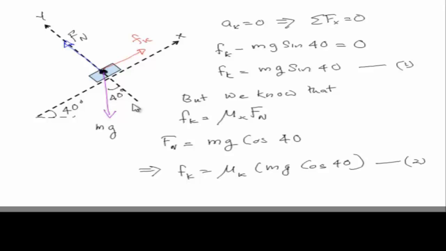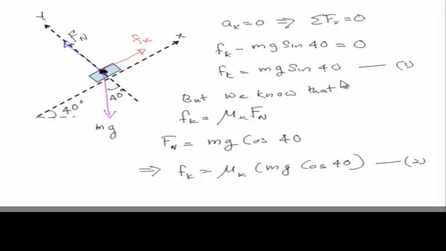Fn is mg cosine 40 because in the y direction again there is no acceleration, so this Fn is equal to the component of mg in the negative y direction, so Fn equals mg cosine 40. So now we can plug this Fn into the previous equation, so Fk becomes mu k times mg cosine 40.